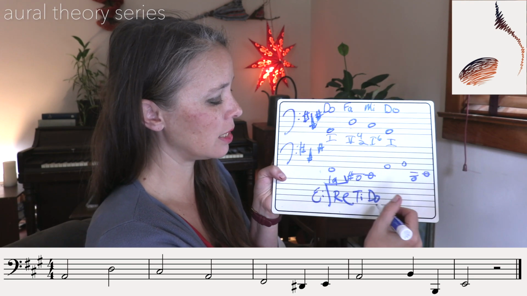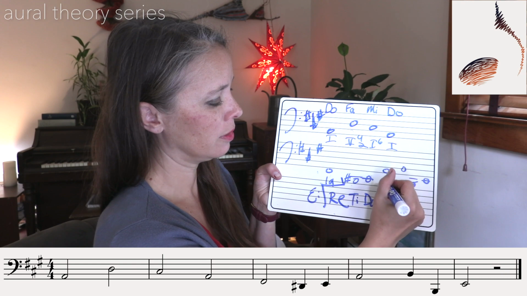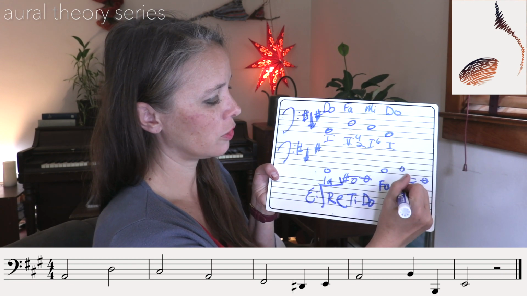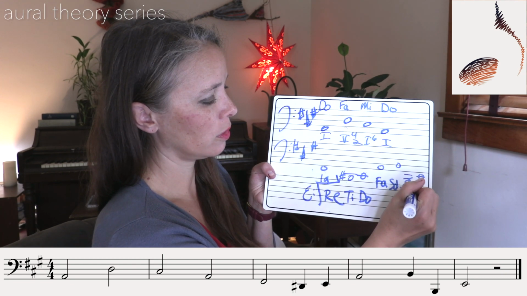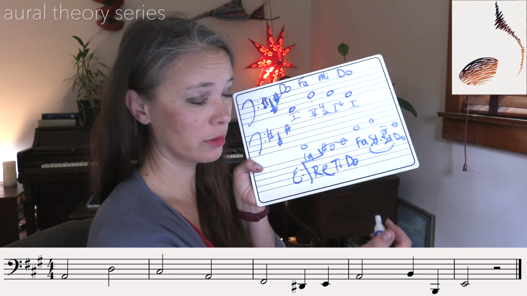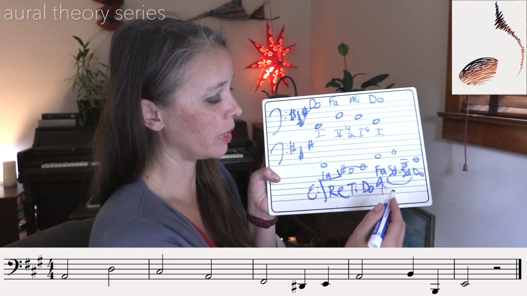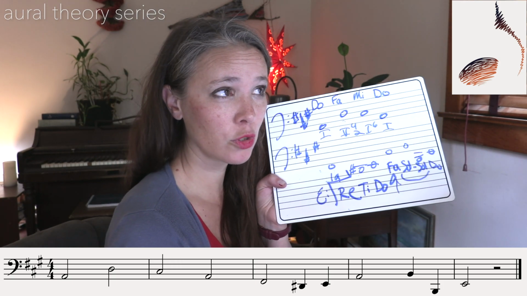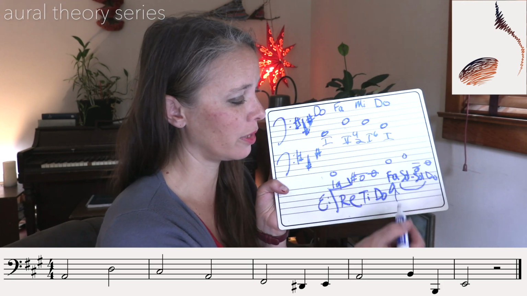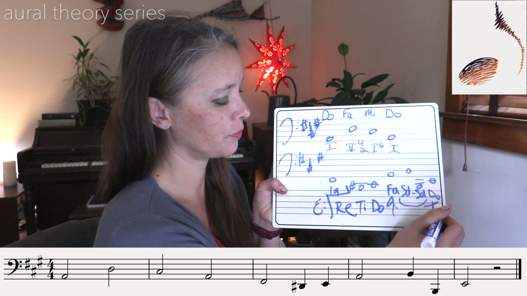Re, do, fa, sol, sol, do. This screams cadential 6/4. Fa is playing the role of the predominant. So there are 2 predominant chords that fit within that. Think about that. And then obviously we end on a 1 chord.